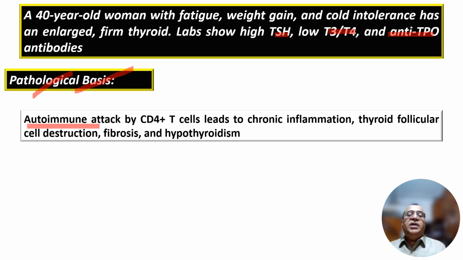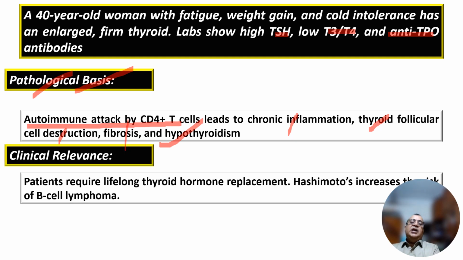The autoimmune attack by CD4 cells leads to chronic inflammation that destroys the follicular architecture of the thyroid. There is fibrosis and as the thyroid parenchyma is destroyed, there is loss of function of the tissue, that is hypothyroidism. Patients require lifelong thyroid hormone replacement therapy and there are increased chances of B-cell lymphoma.